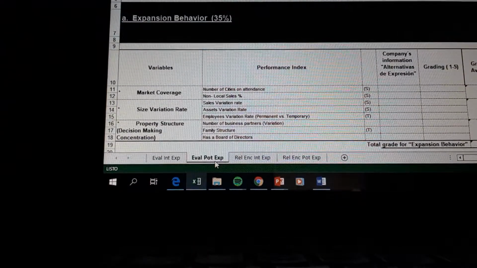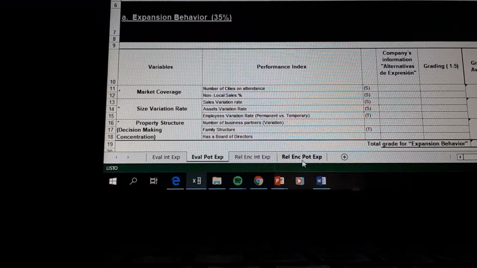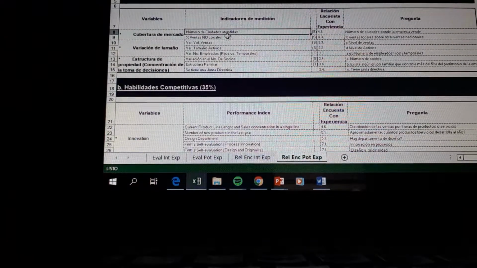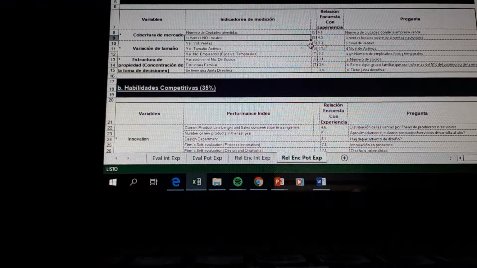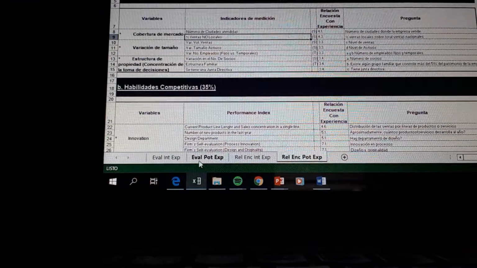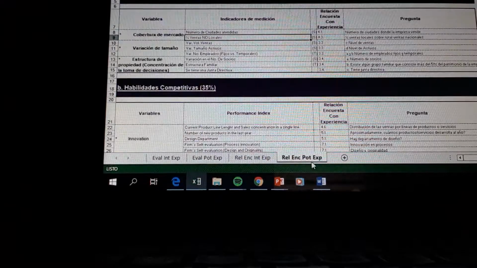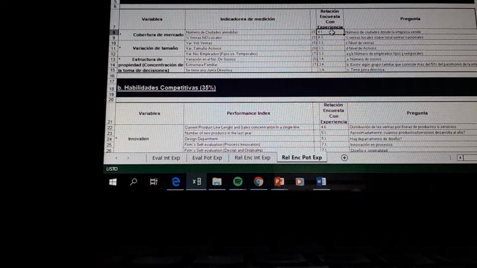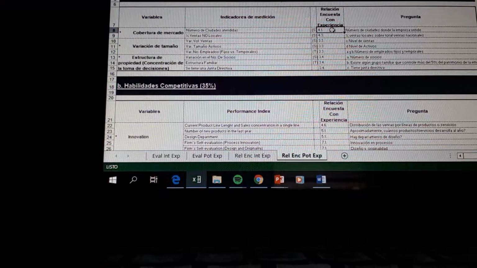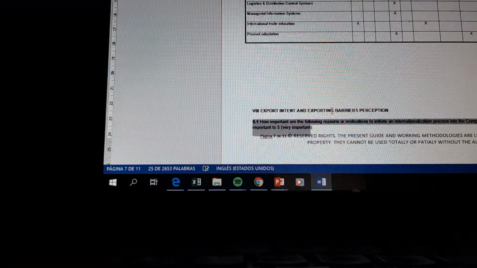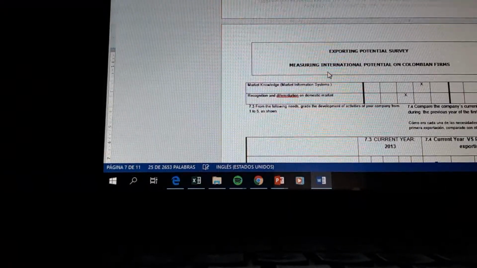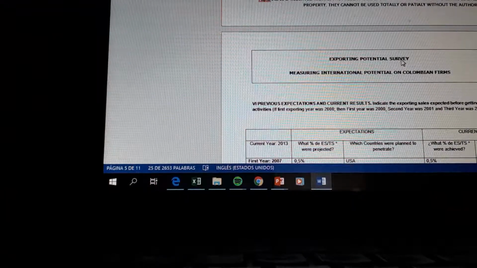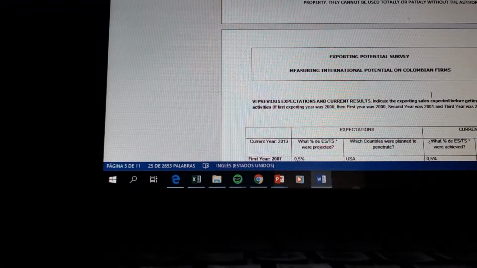If you jump from page 2 to page 4, you will find the same information. Well, this is in Spanish. I'm sorry about it. These are the same questions, but in Spanish, in the exporting potential survey for the company.